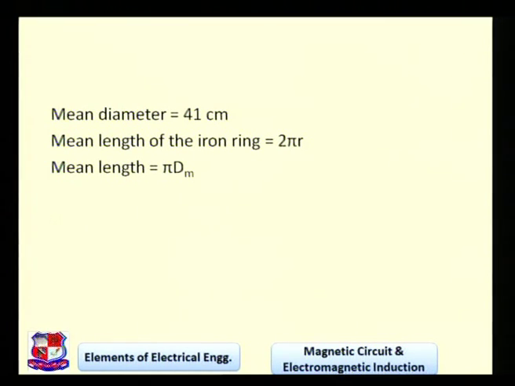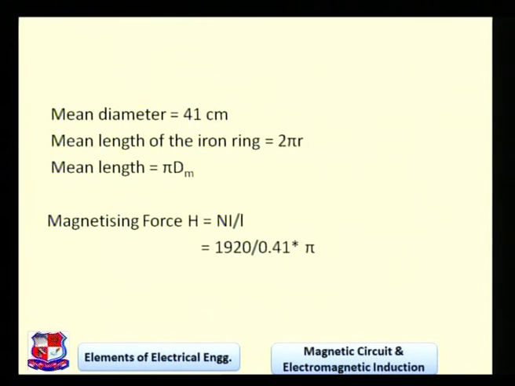Mean length is pi into dm. So the magnetizing force H will be equal to NI by L. NI we found as 1920 and L is 0.41 meter into pi. So finally we can find the magnetizing force H is equal to 1490.62 ampere turns per meter. But we have to find the magnetic flux density.